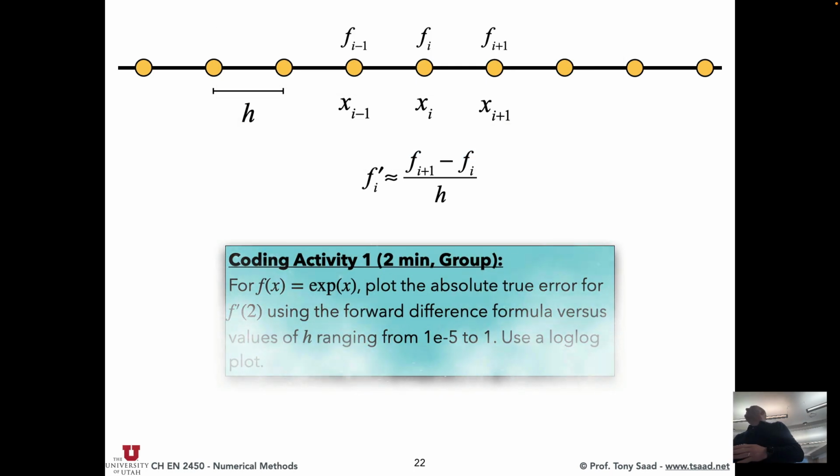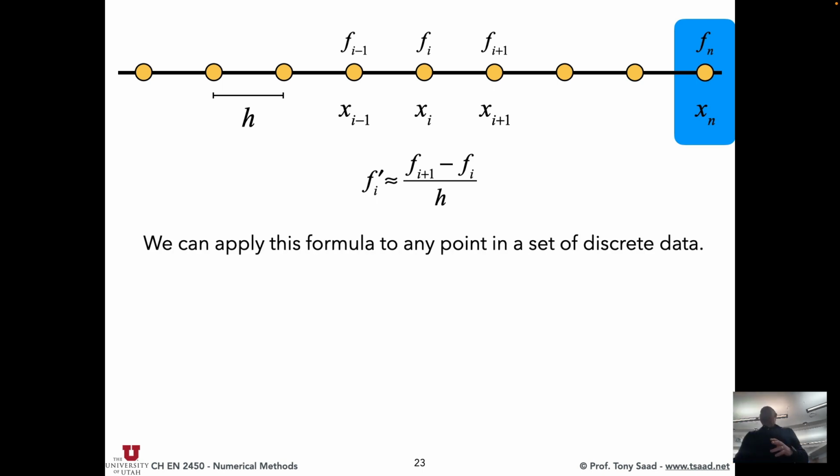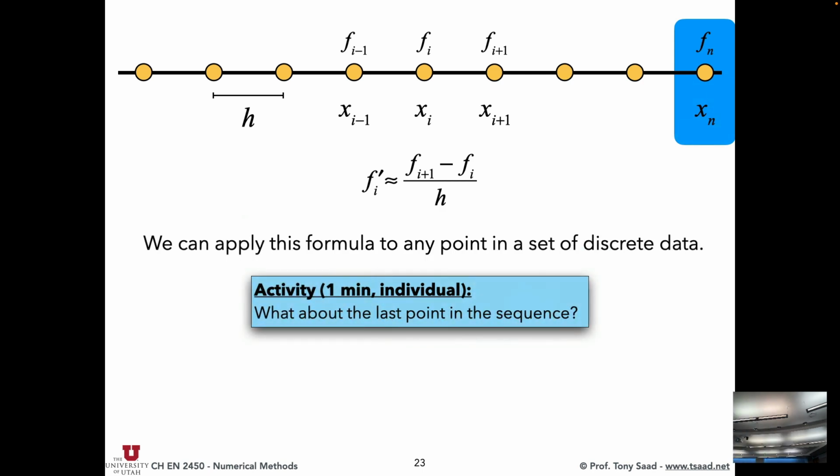Now what happens at that last point over there? Can you use this formula to evaluate the derivative at that last point? No. Yeah. So you're correct. Yeah. Why? Yeah, we don't have an extra point.